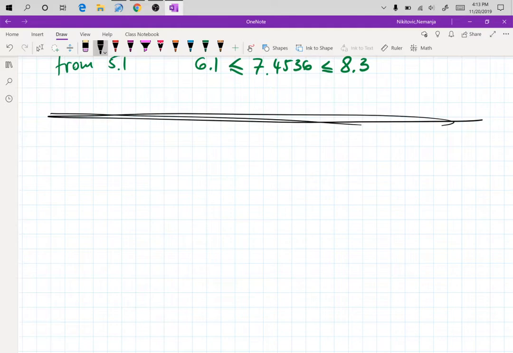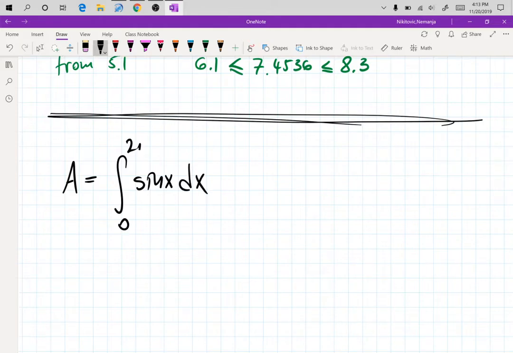So let's say you want to find the area under sine x dx from 0 to 2 pi. Right? And you just say, I could just do the integral, right? So the integral of sine is negative cosine from 0 to 2 pi.